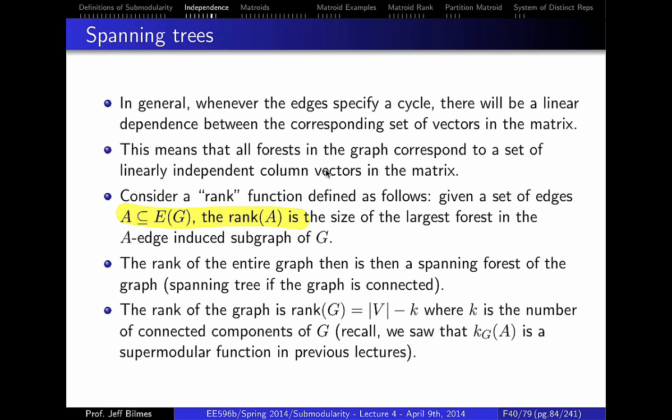It is just going to be the size of the largest forest in the A-edge-induced subgraph of G. So it's a subgraph, because it's not all of the vertices, but what we're doing is taking a set of edges A, and taking the set of vertices that are incident to the edges that we're choosing, and then taking all of the edges that have both of their vertices in that vertex set, and then we take a spanning tree of that result. And the size of the spanning tree, the number of edges in that spanning tree, is going to be the rank.